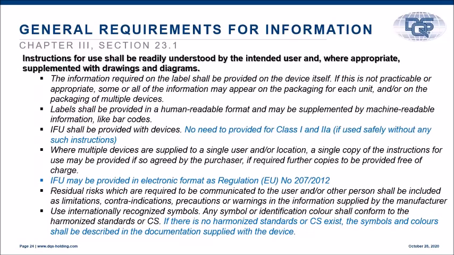IFU may be provided in electronic format, and if it is given in electronic format, there is a specific regulation, 207/2012, published in 2012, that needs to be complied with when the information is given in electronic form.